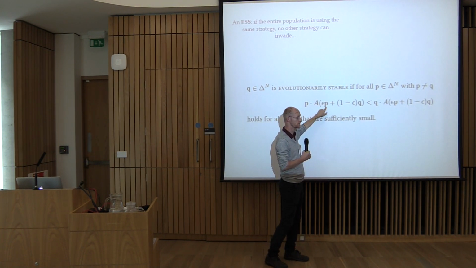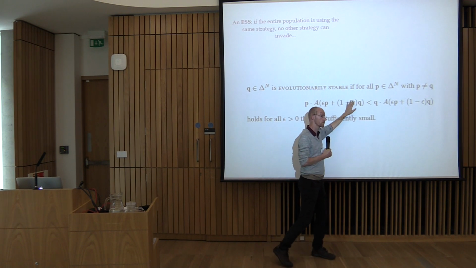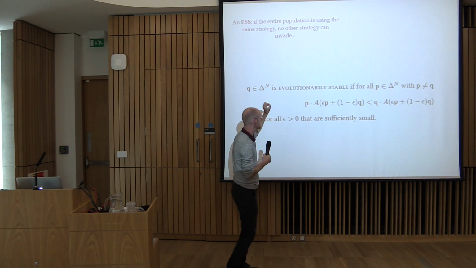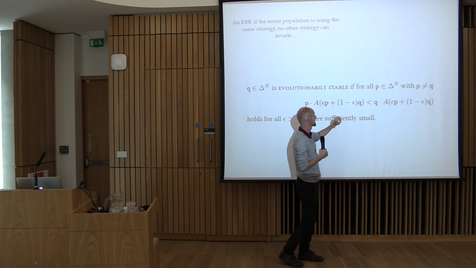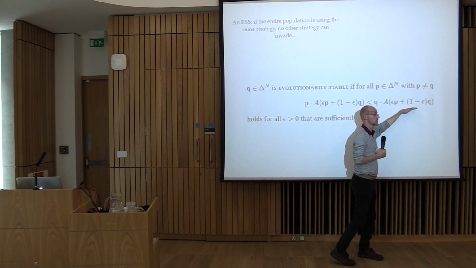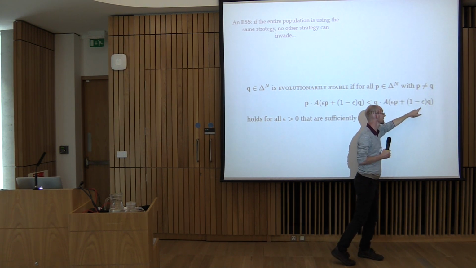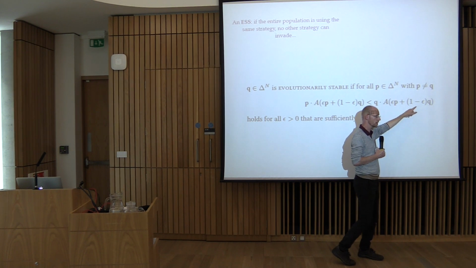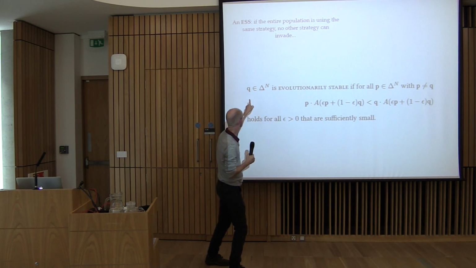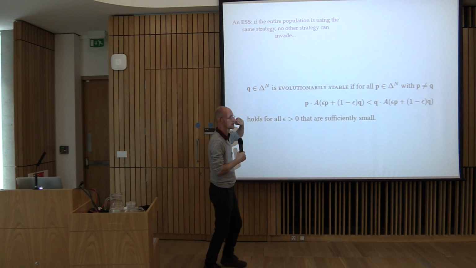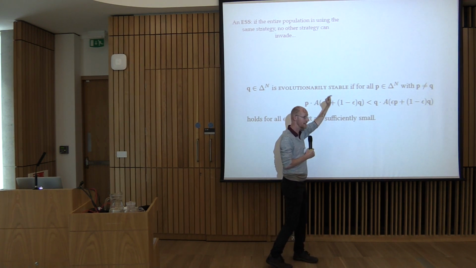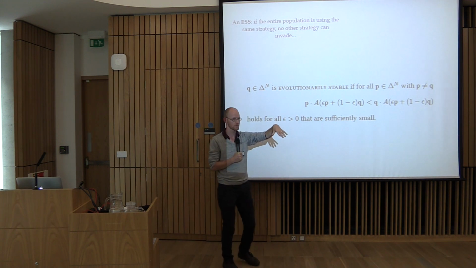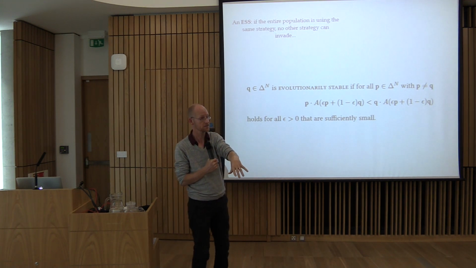They play strategy P. So playing P against what the group is doing is less good than playing Q against what the group is doing, given that most people are doing Q. So Q is evolutionary stable if for all other strategies, them playing against the whole group is less good than you playing against the whole group.